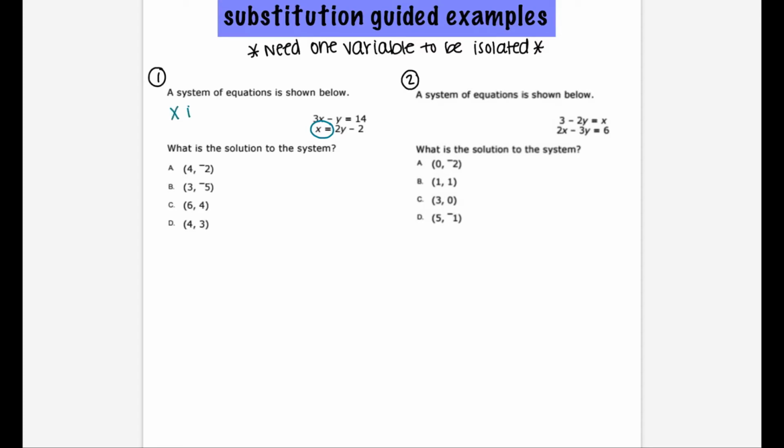Since x equals is already isolated, that means that we can go ahead and use the substitution method. So I'm going to rewrite these, and we're going to replace x with whatever it's equal to.